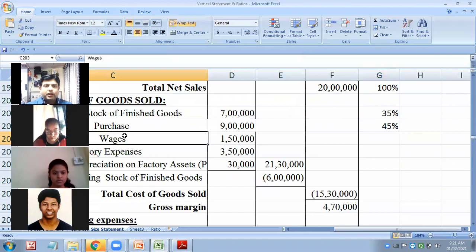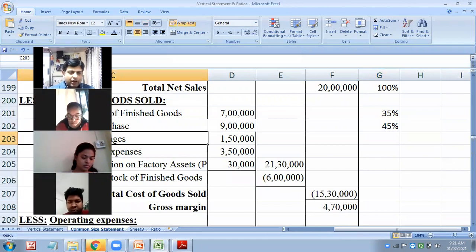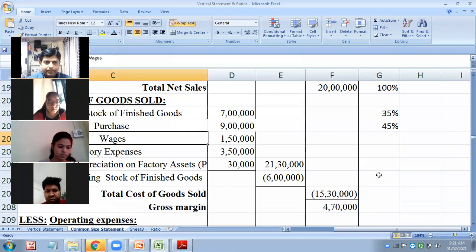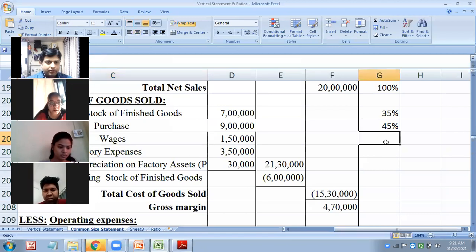Wages 1,50,000. Okay. Direct wages is 1,50,000. So it is how much percentage of sales? Tell me. 7.5%.